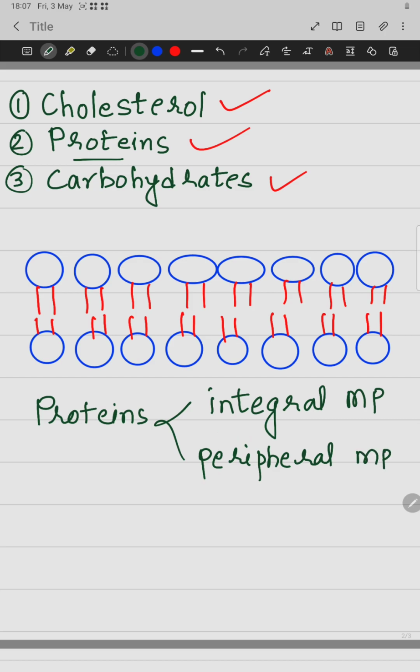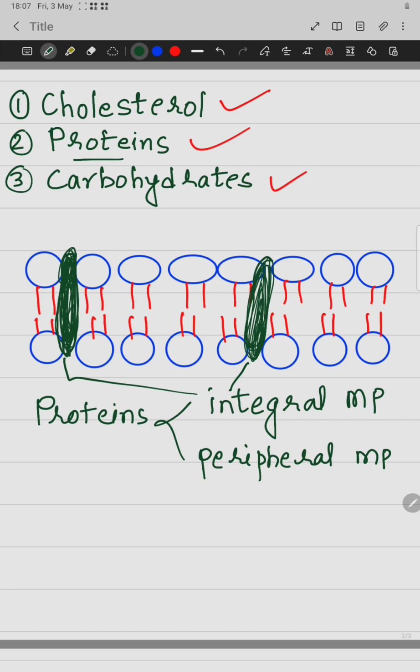So an integral membrane protein is a protein which is found embedded in the plasma membrane like this. It will cover the whole plasma membrane like this. So they are found embedded inside the plasma membrane. These are the integral membrane proteins.